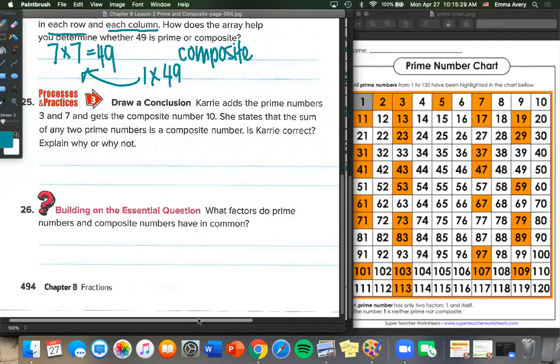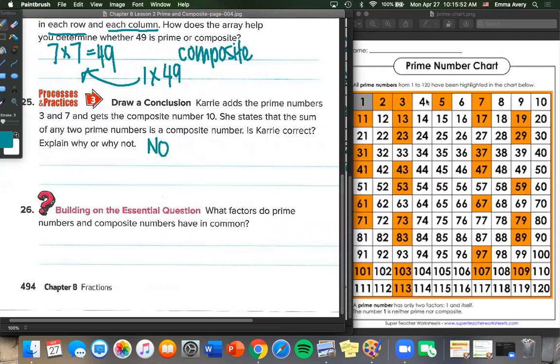Well, what we have to do is find an example of whether or not this is true. I'm going to right away tell you that this is not correct, because that's going to make it a little bit easier. So let's look at our examples. We want to add two prime numbers together and get a composite number.